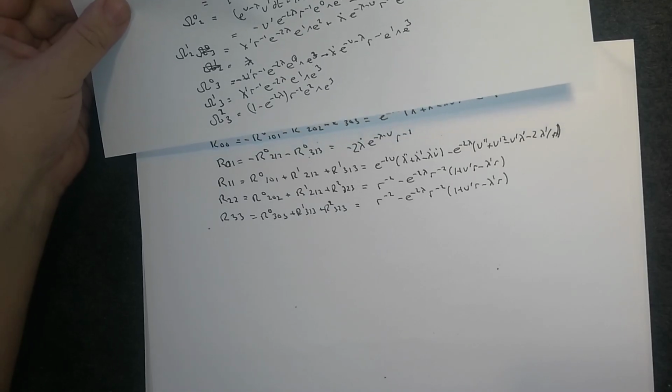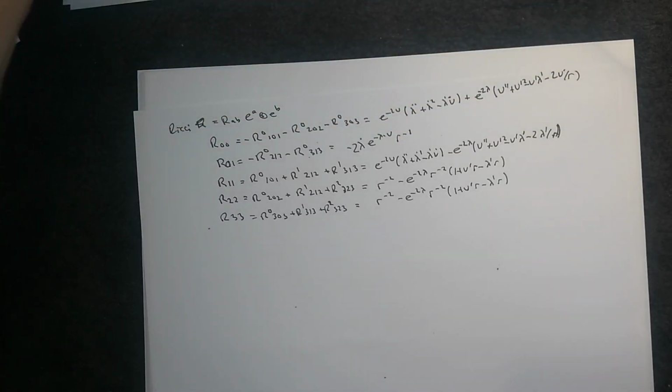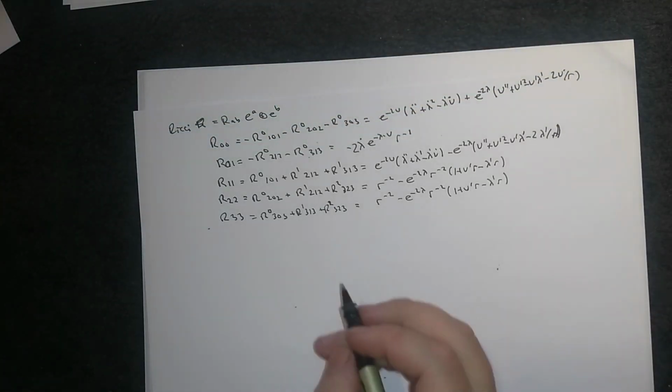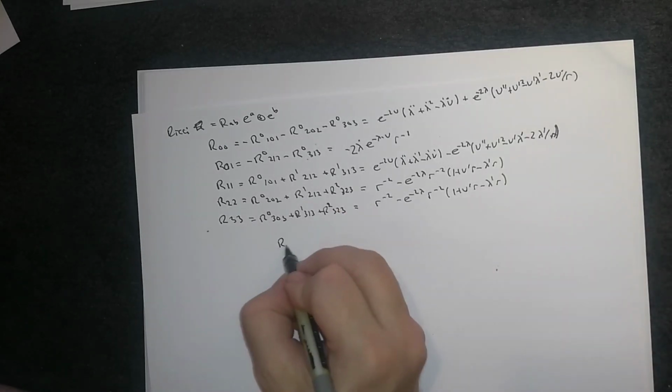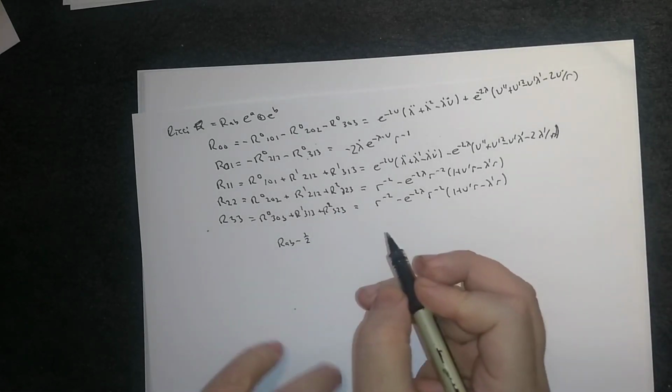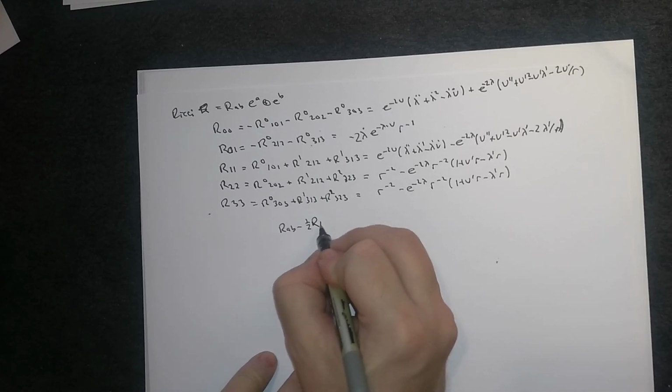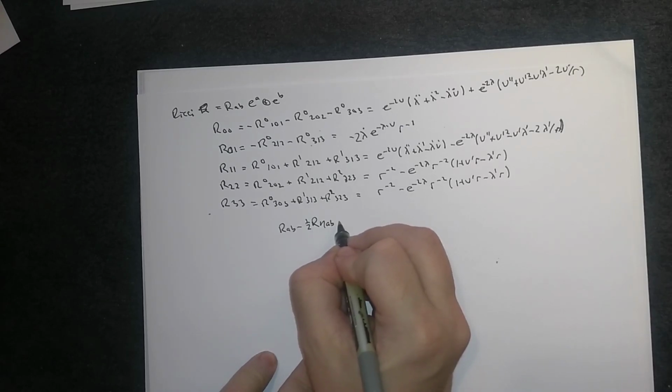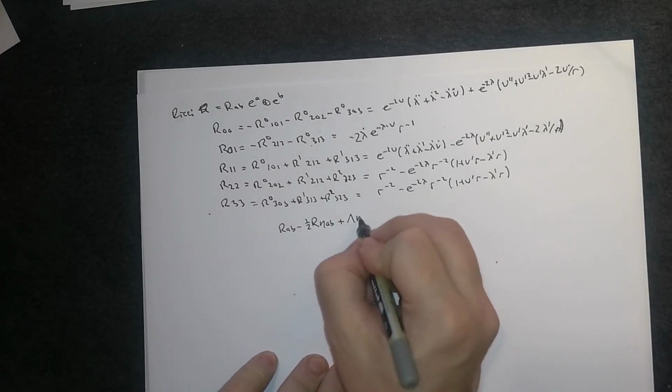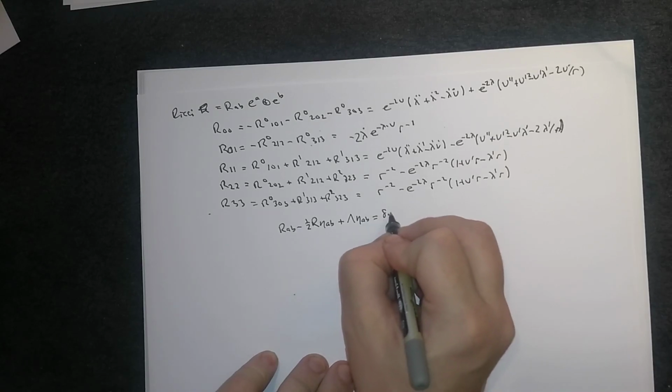Okay, now let's consider the Einstein equations of this system. We have R_AB minus half R e_AB plus lambda e_AB is 8 pi T_AB.